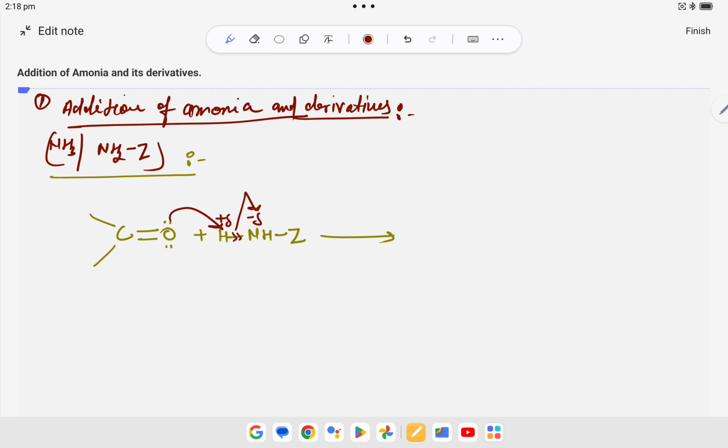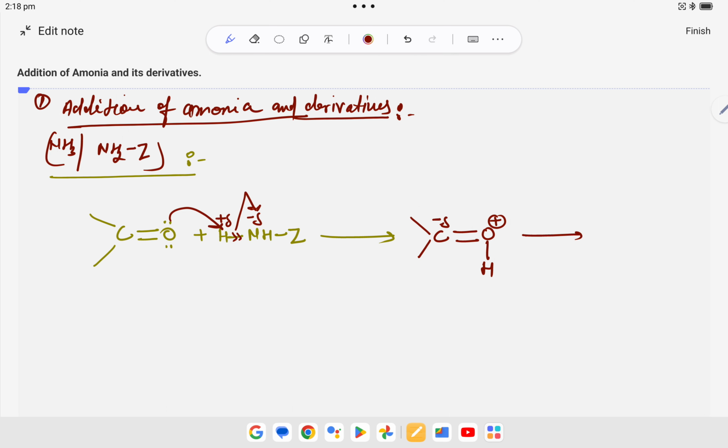So what we are getting ultimately here: carbon double bond oxygen, and at the same time hydrogen is attached, oxygen is donating, hydrogen is attached, then it is having a positive charge, and carbon is also having a positive charge. So that is the condition here.